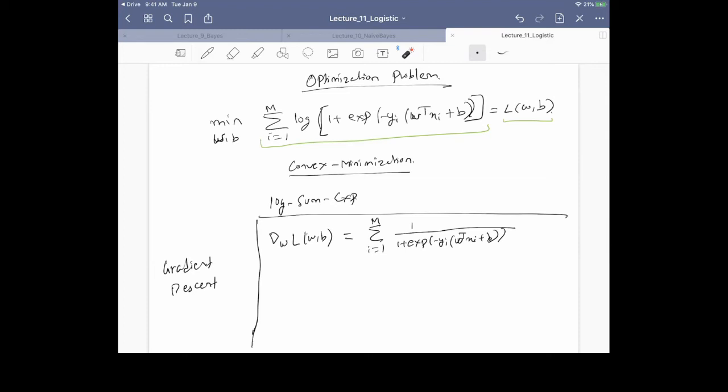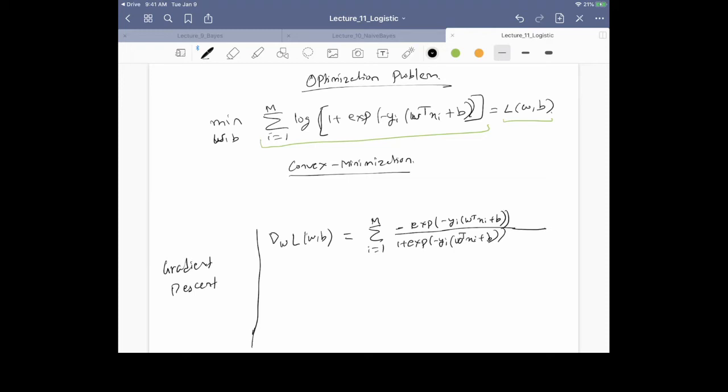The derivative of exp with respect to the terms inside is exp itself, multiplied by the derivative of the term inside.